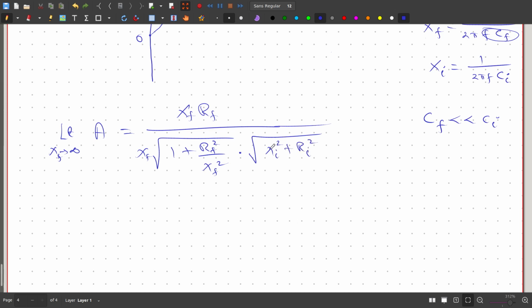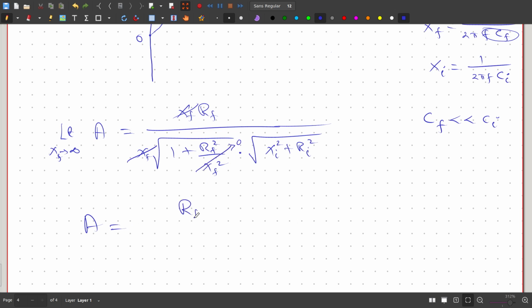Here, as the frequency is large, this product is somewhat larger than this one. As a result, this Xi won't go to infinity. That's why I am putting only Xf tends to infinity. And if we substitute the limit, this value tends to 0.